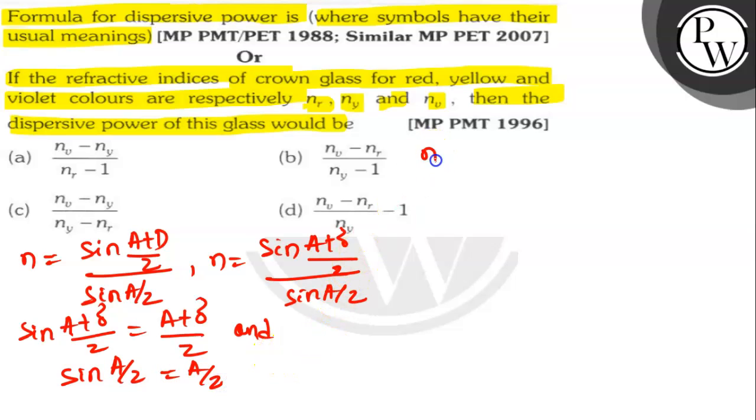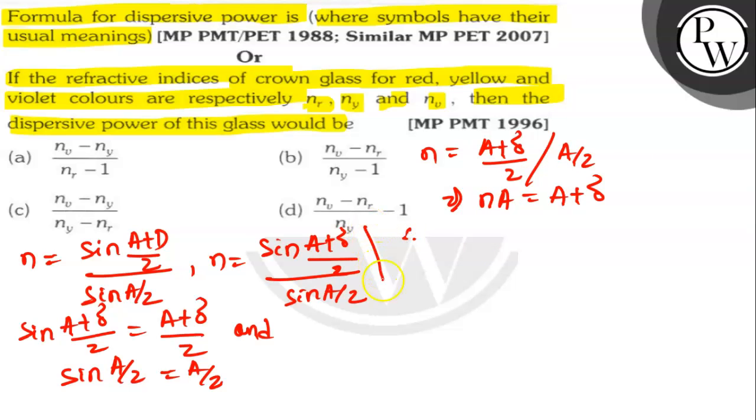So here n will be (A plus delta) by 2 divided by A by 2. So nA equals A plus delta. Therefore, delta is equal to (n minus 1) into A.